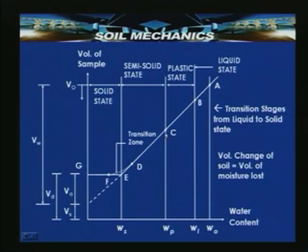Once you allow the soil to dry up to point D, upon further drying the soil mass will not experience any change in the volume. From point D to F, this zone is said to be a transition zone. When it is changing from semi solid state to solid state, the curve is not linear, it is curvilinear.